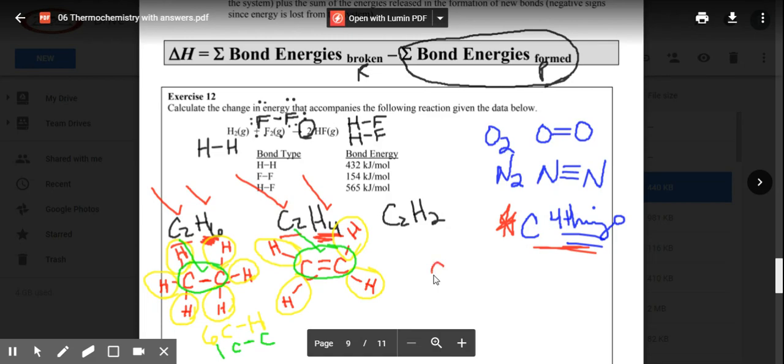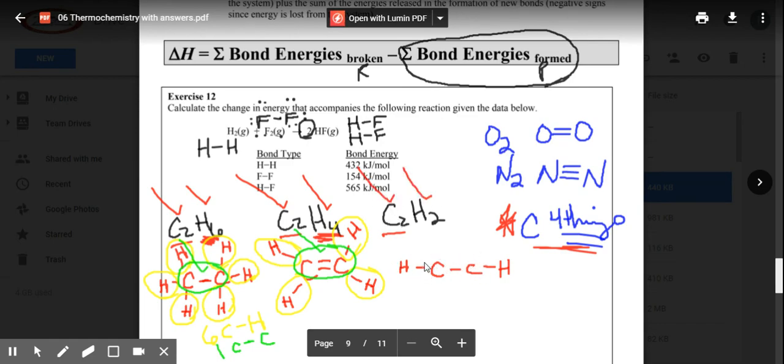Now let's look at our last structure, C2H2. So this was C with another C, so that takes care of that. H2, we're going to distribute both of the hydrogens evenly. So I'm going to put a hydrogen on this one and a hydrogen on this one. So I have my base structure. I have 2 hydrogens. I have 2 carbons.